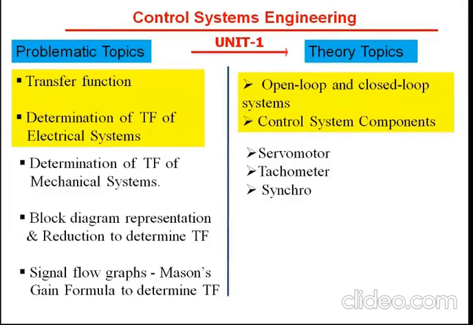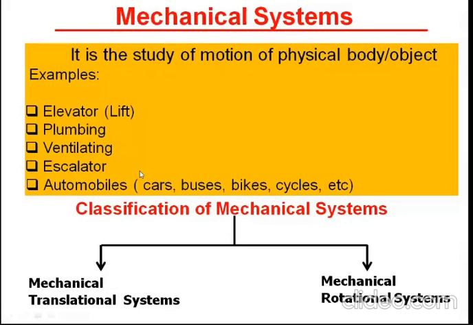Now we are discussing the second problematic topic, that is the transfer function of mechanical system. What is a mechanical system? All the physical objects which are moving in the field of engineering come under mechanical engineering.